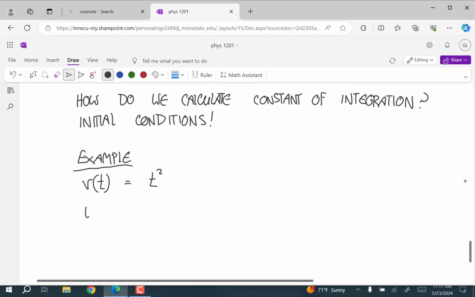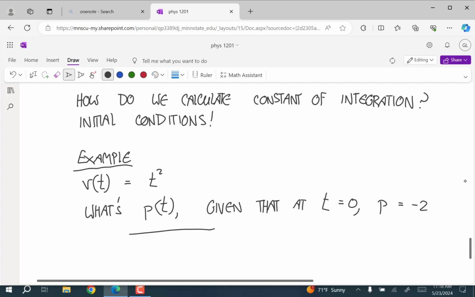And we want to know what's the position as a function of time, given that when time is equal to 0, p is equal to minus 2.